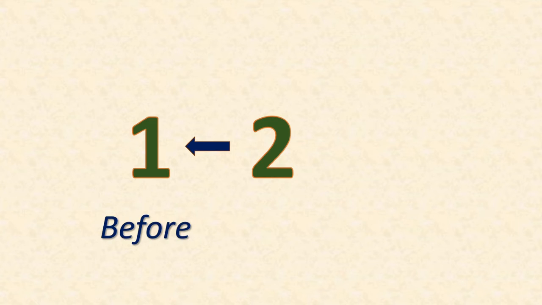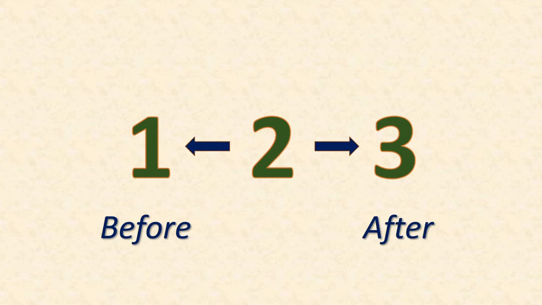See here, before 2 comes 1. Right? This is before number. Means the number to the left is always less by 1. Okay? And to the right comes 3. This is after number. Right?